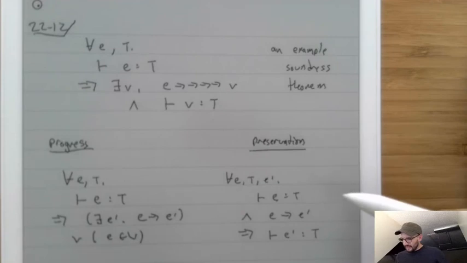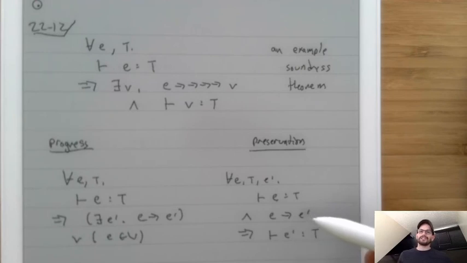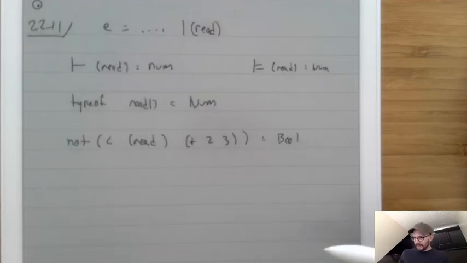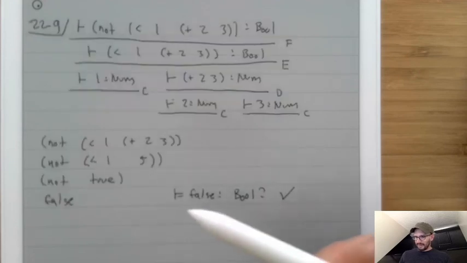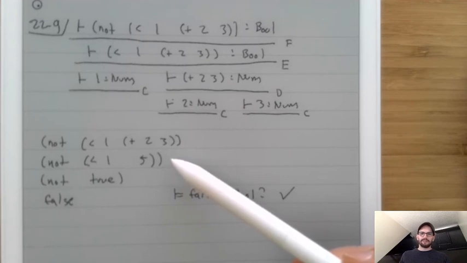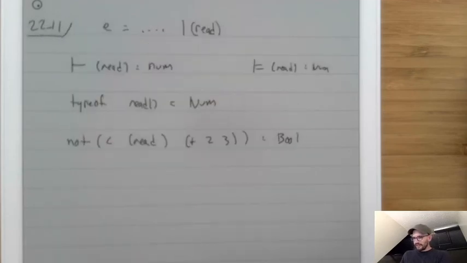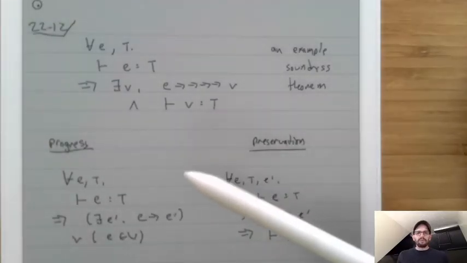This tells us that if something already has a type, meaning we already predict what its type is, and we know that it actually runs, then the thing that it turns into has the same type. Let's look at that applied to this example right here. We predicted that this thing had a bool. We would also predict that this is bool, and we'd predict that that is bool, and we'd predict that that is bool.